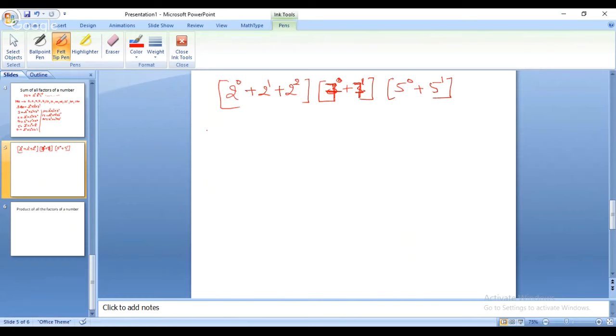We can also write this formula with the concept of geometric progression. Geometric progression would give us the formula.